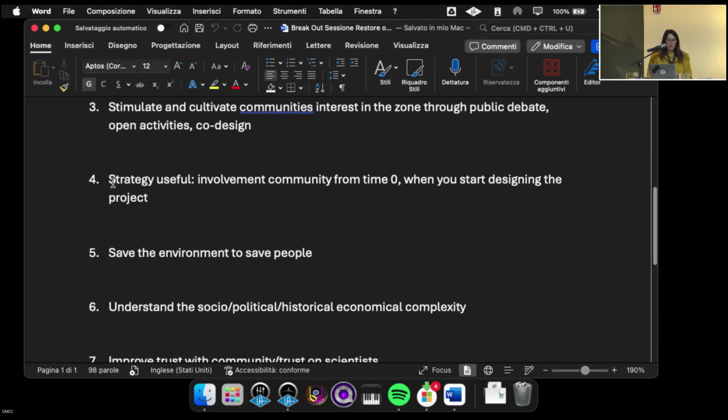And this I already said, so the involvement of community from time zero when we start to design the projects, and so try to understand how our activities could help them, because one of the important concepts was to try to save the environment, but also save people, because by saving the environment, maybe we will save also people that have very big issues on the coastal areas.